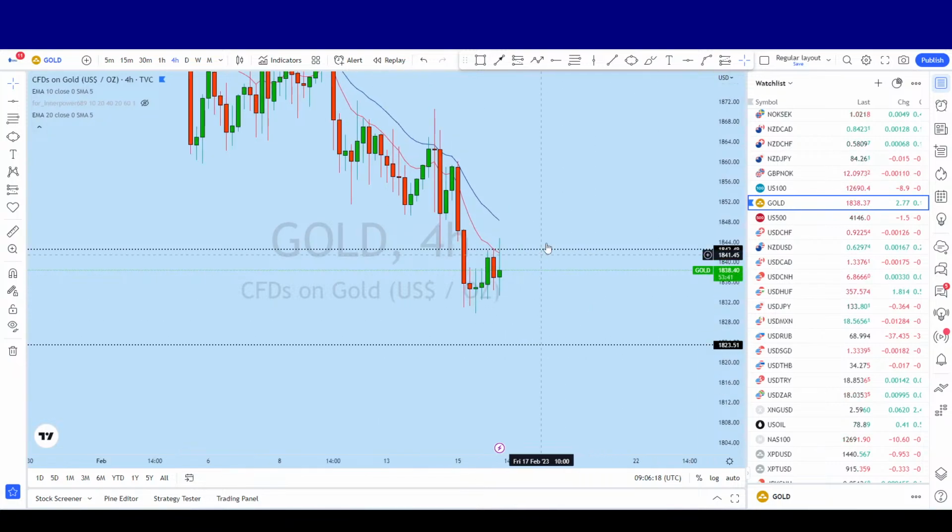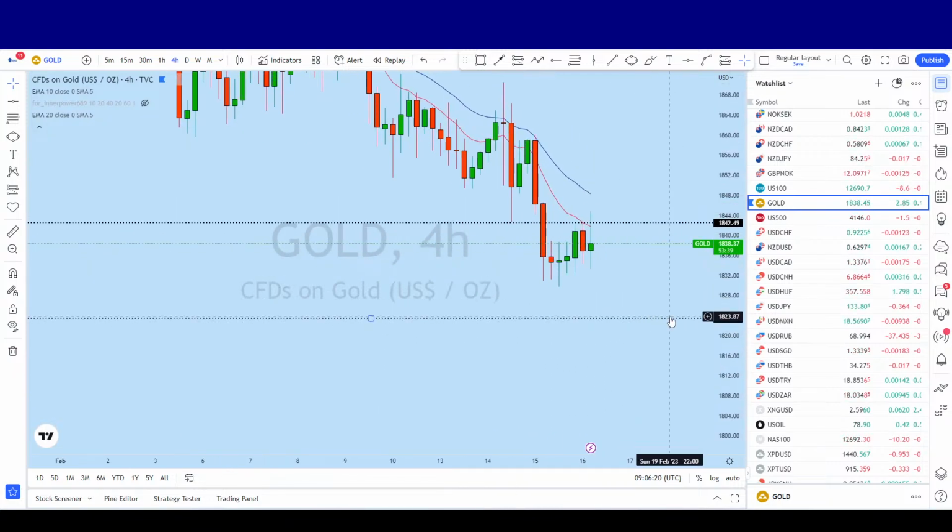Keep gold aside. Gold is moving completely sideways, so we might see further sideways movement until the news comes.